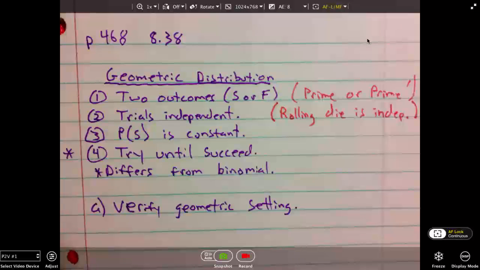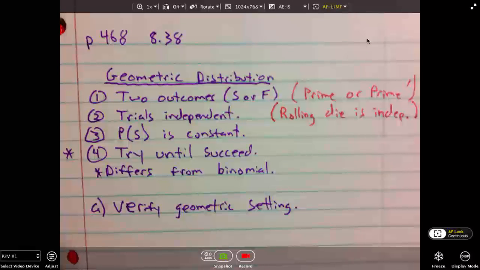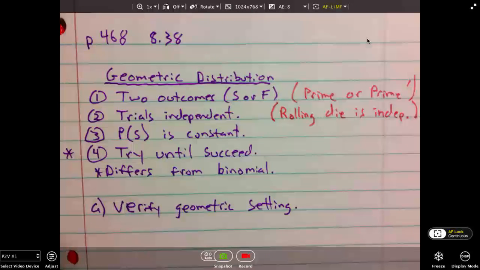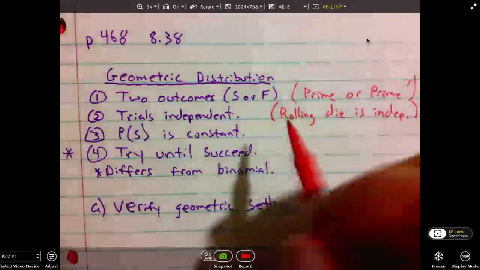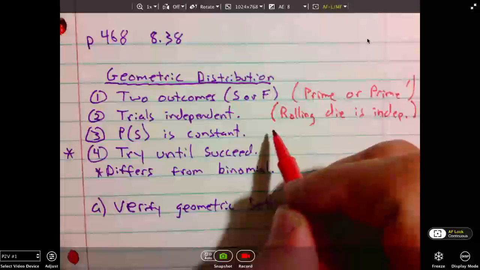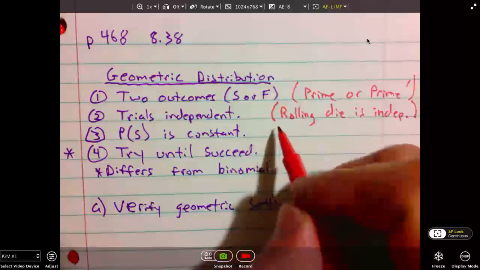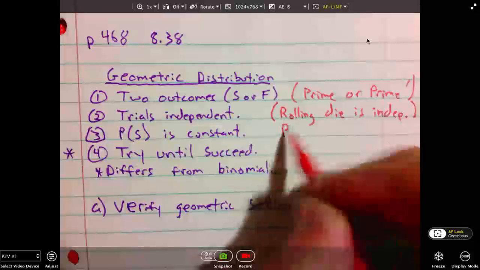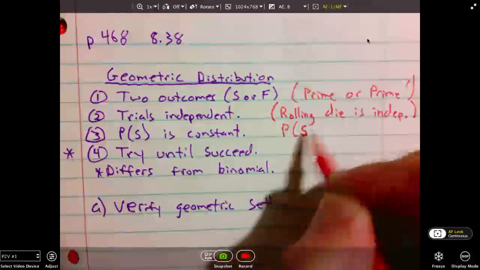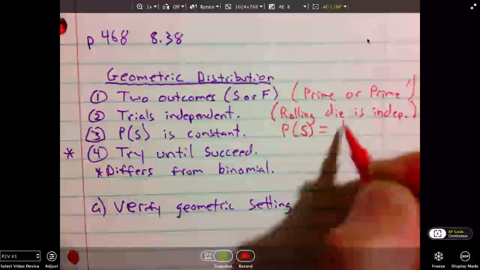Rolling a 3 on this roll will give us no predictive value for the next roll. If we happen to roll 5 3s in a row, the chance that this next one is going to be a 3 will be 1 in 6. Probability of success is constant. Half of the rolls will be prime and half not. So in this case, the probability of success, rolling a prime, will stay as 1/2.